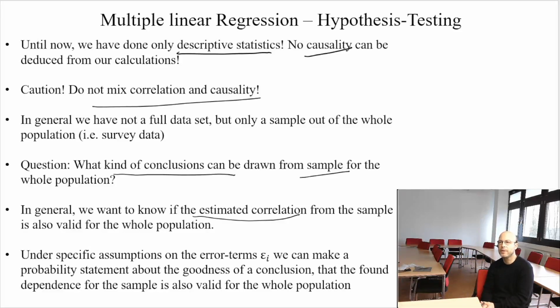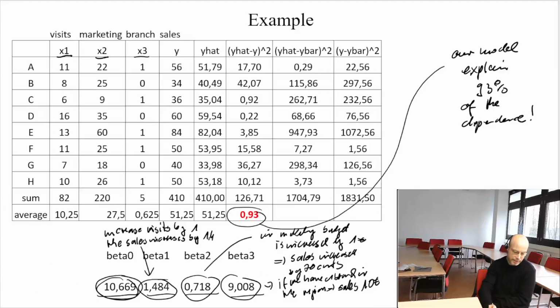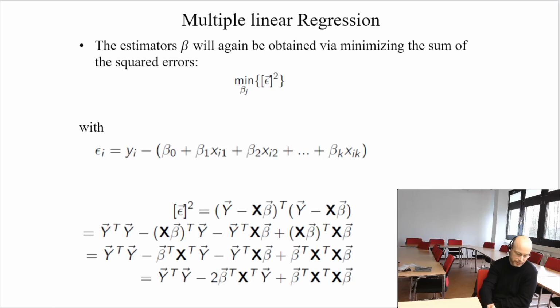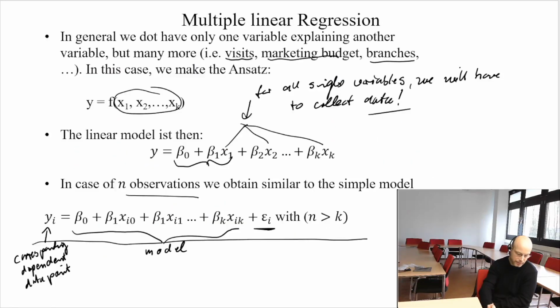for the whole population, we also have to make, of course, some assumptions, especially about the error terms we had in our model. Remember, where did we have our errors? This was here.